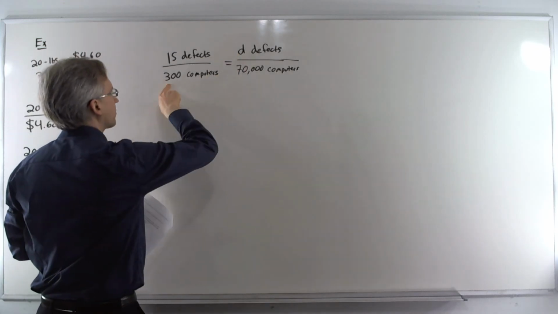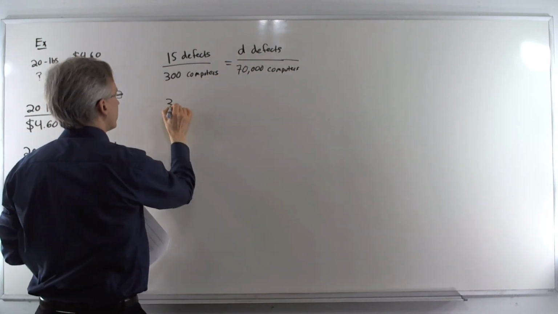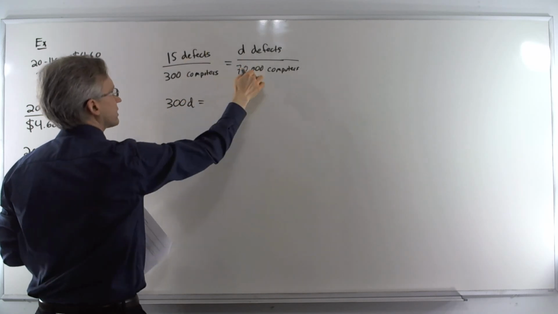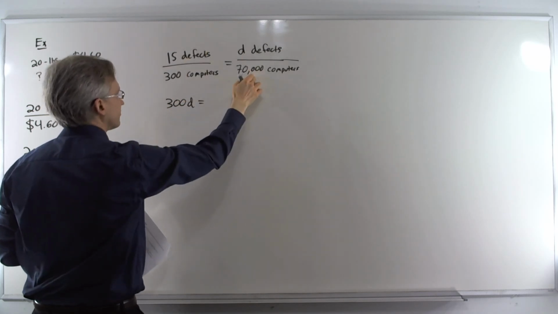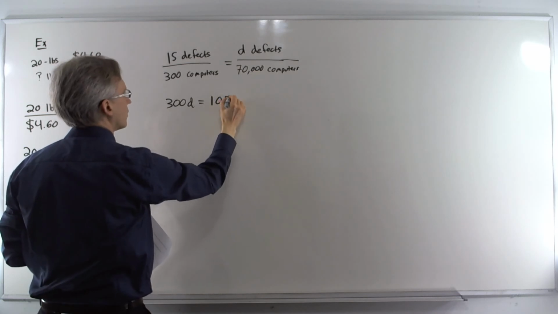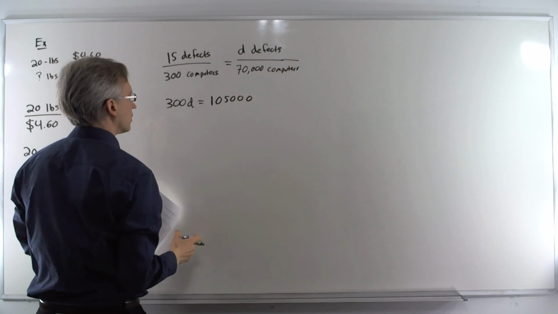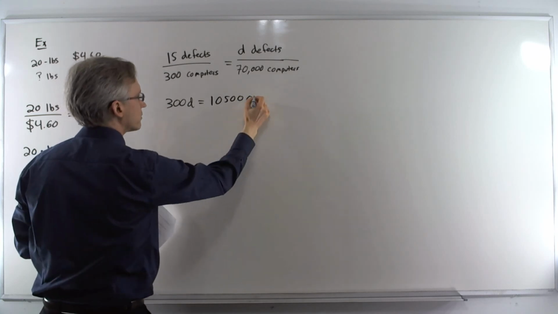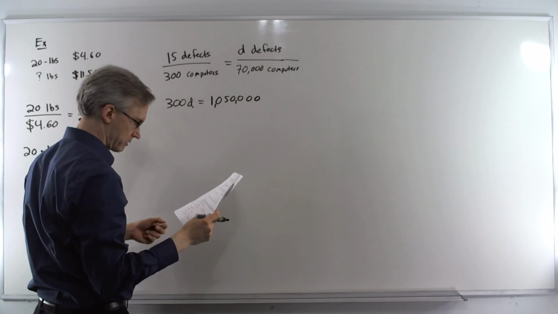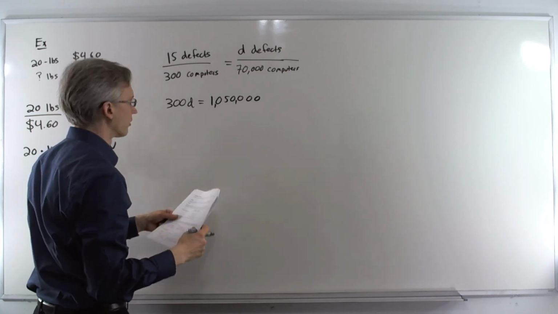So cross multiplying, we get 300 times D, so that's 300D, equals 15 times 70,000. That's 1,050,000. Yeah, 1,050,000.